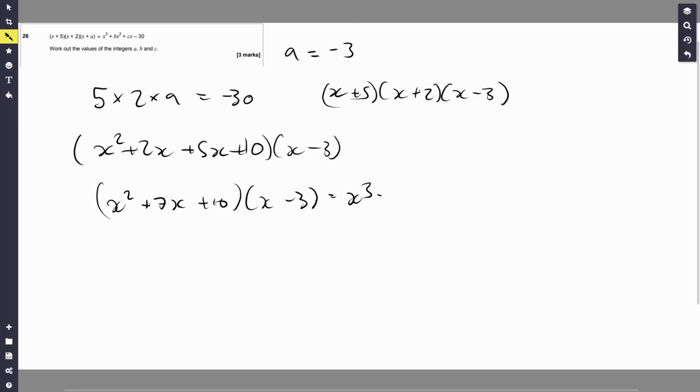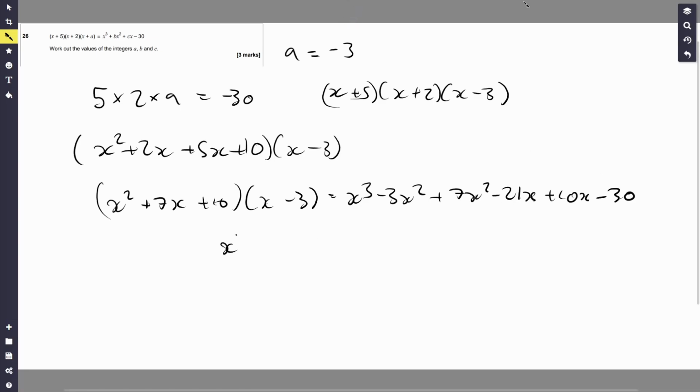X squared times minus 3 is minus 3x squared. 7x times x is plus 7x squared. 7x times minus 3 is minus 21x. And 10 times x is plus 10x. And then finally 10 times minus 3 is minus 30. Remember that at the end.